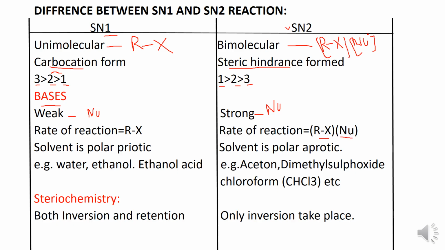In the SN1 reaction, the solvent is polar protic. Examples: water, ethanol and ethanoic acid. While in the SN2 reaction, the solvent is polar aprotic. Examples: acetone, dimethyl sulfoxide, chloroform, CHCl3.